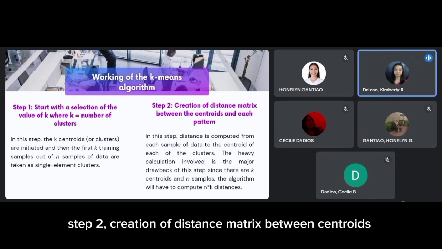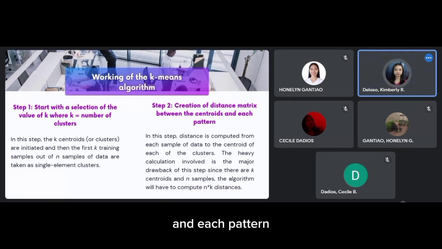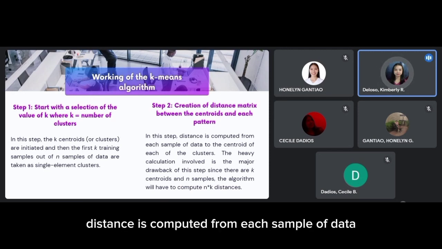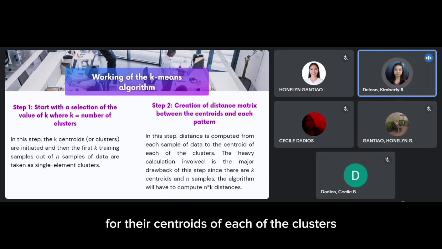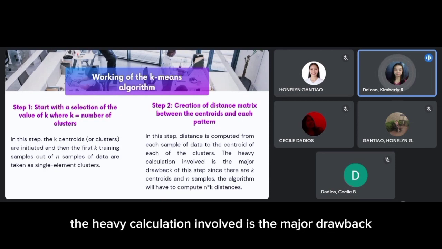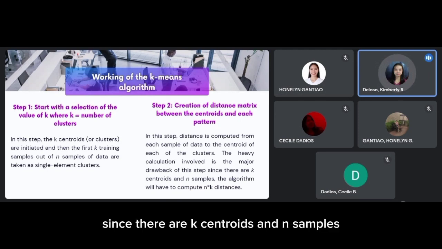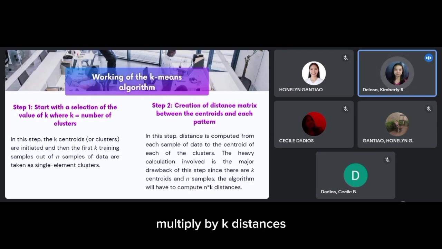Step 2. Creation of a distance matrix between centroids and each pattern. In this step, distance is computed from each sample of data to the centroid of each of the clusters. The heavy calculation involved is the major drawback of this step, since there are k centroids and n samples. The algorithm will have to compute n multiplied by k distances.